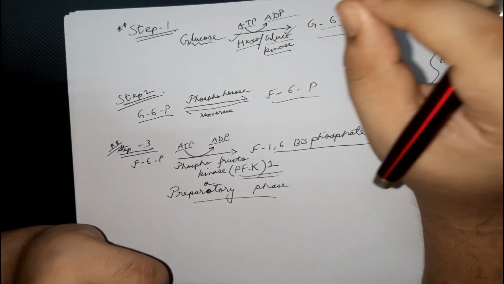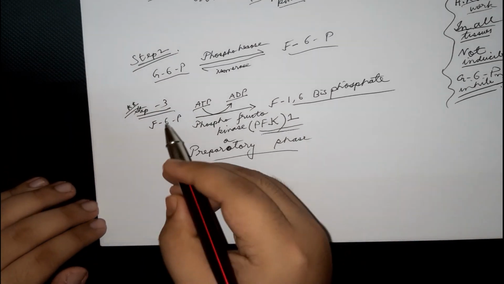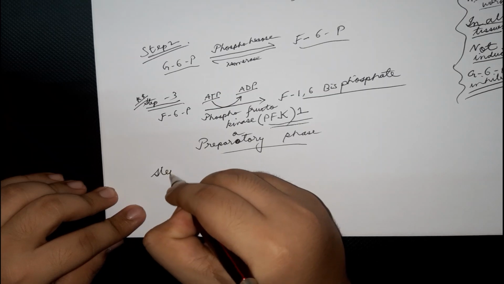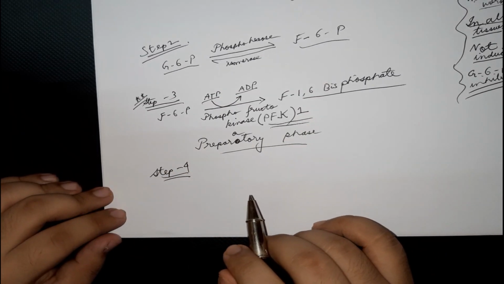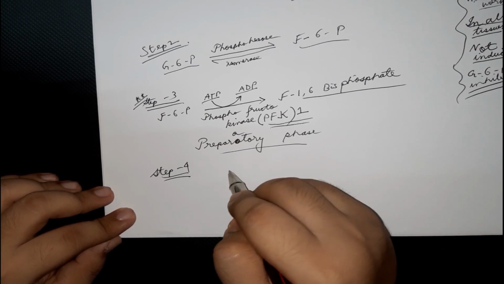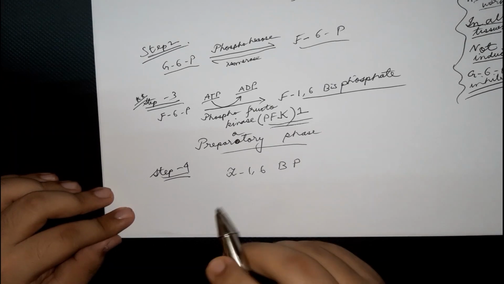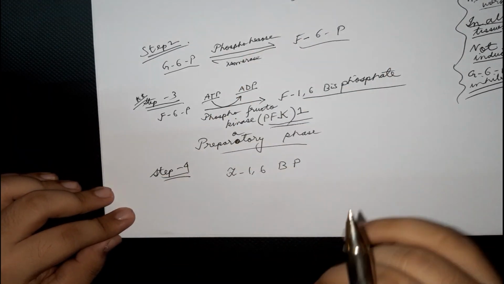Okay, done. Now step 4, quickly, yes, it's visible. Step 4. So we have now formed fructose 1,6 bisphosphate. Now is the time to split the 6 carbon compound into 2 3 carbon compounds.